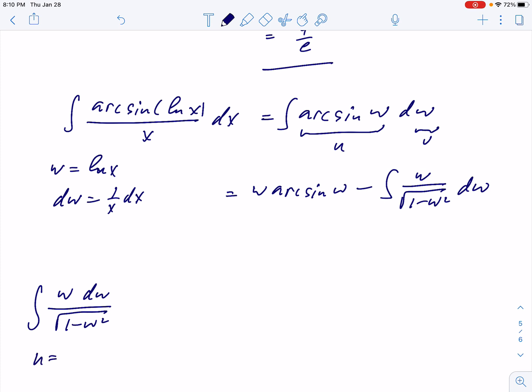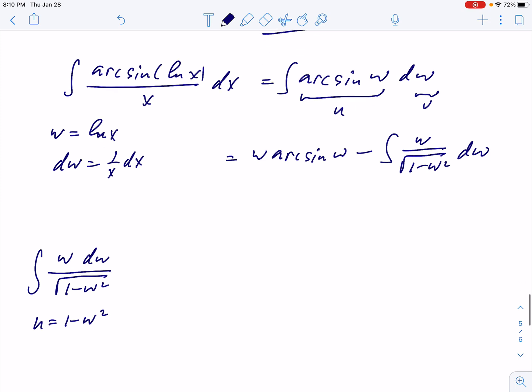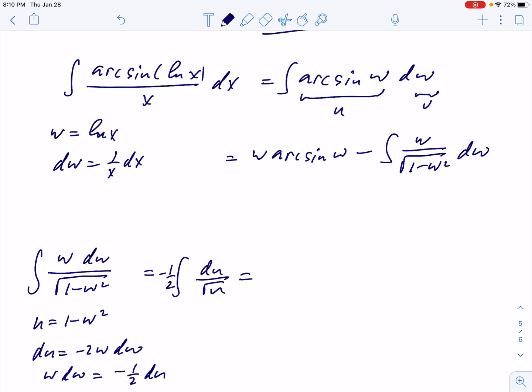So now u stands for this substitution, 1 minus w squared. So du will be negative 2w dw, which appears here on the top. w dw, this is negative 1/2 du. The integral becomes negative 1/2 outside, du over root of u.